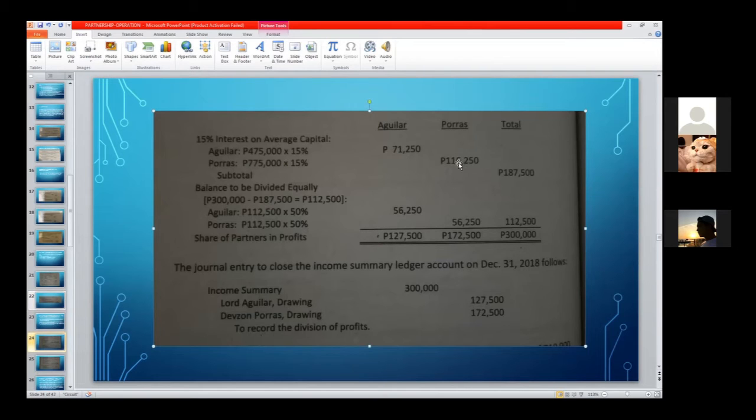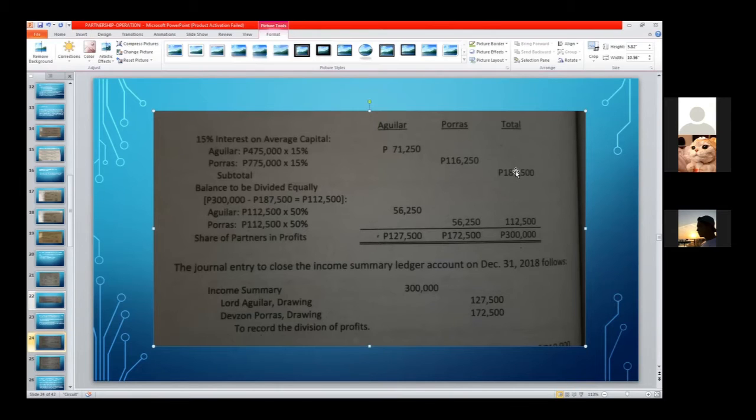So, yan. Pag total nyo, makukuha nyo itong 187,500. So, ito na yung itong makukuha nyo dito, ibabawas nyo sa profit na earn nila. Para makuha yung residual na paghahatian nila equally. Yun na yung ito, balance to be divided equally.